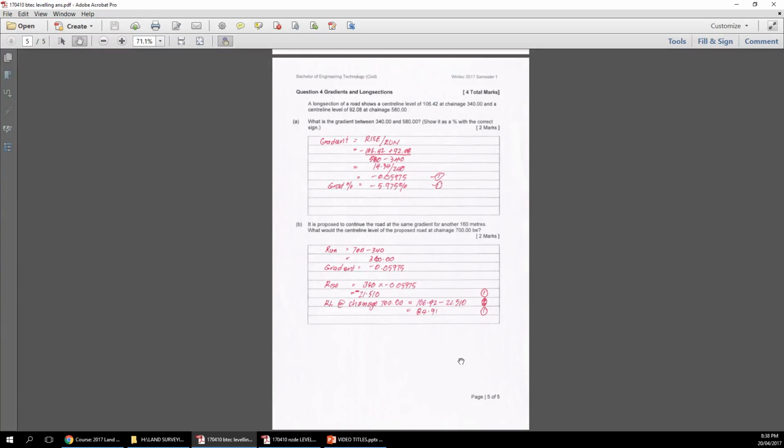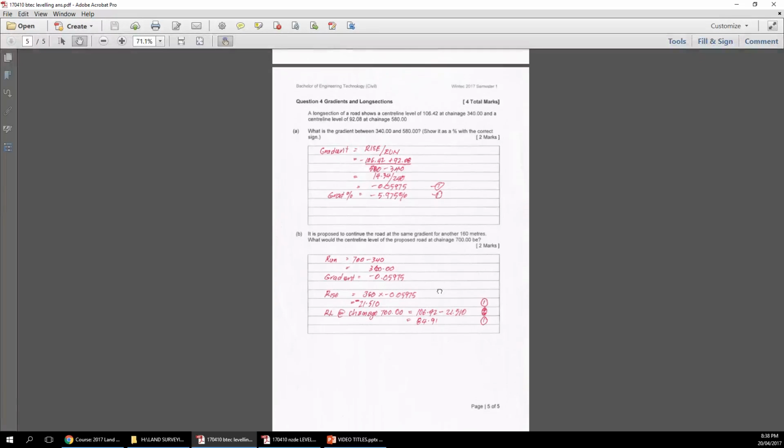So the RL at change 700 would be 106.42 minus 21.51, which is 84.91. So generally I think that question was done all right, although some people were able to work out the 21.50, but applied it as a positive rather than a negative. So yeah, little things there.